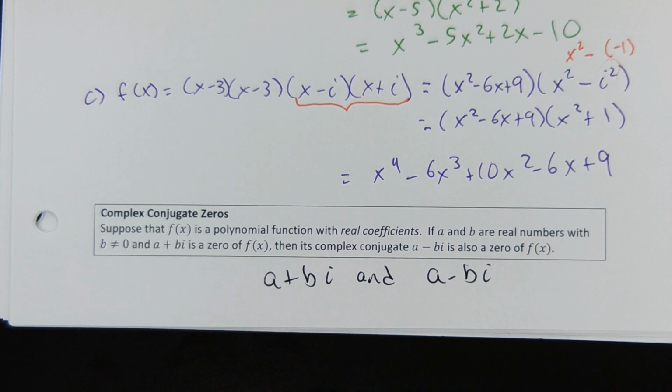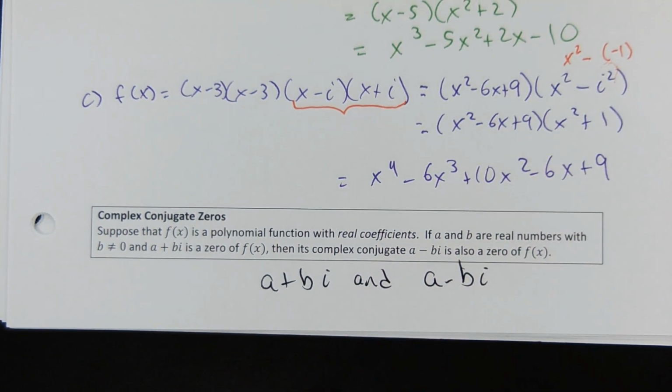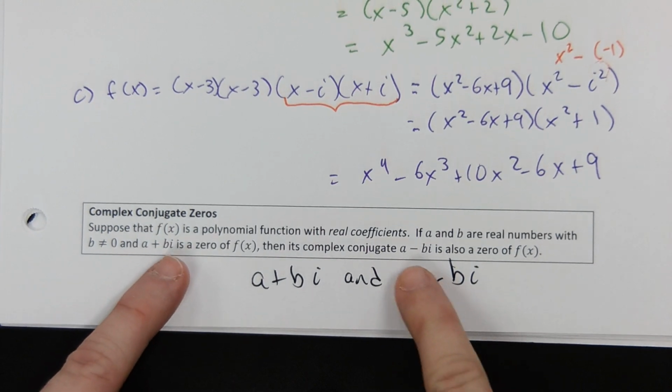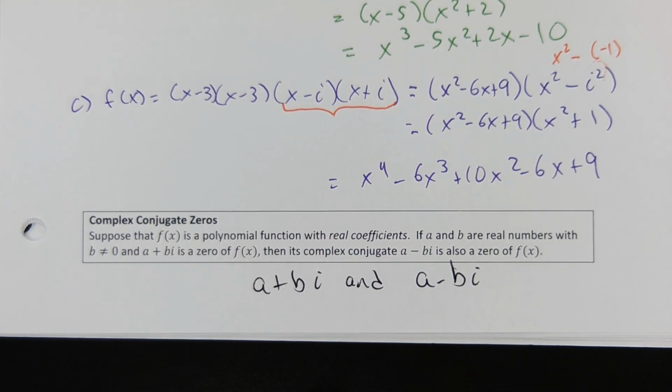It's impossible to have one without the other. They have to both exist. Cool with that? You didn't even have to write it. It's right there. But they have to both exist. If one of them exists, they both exist.